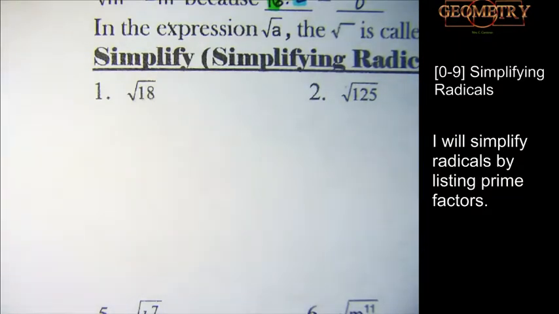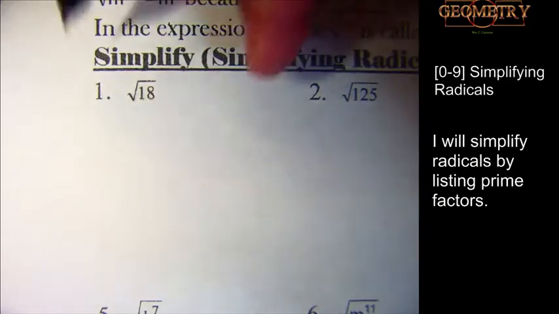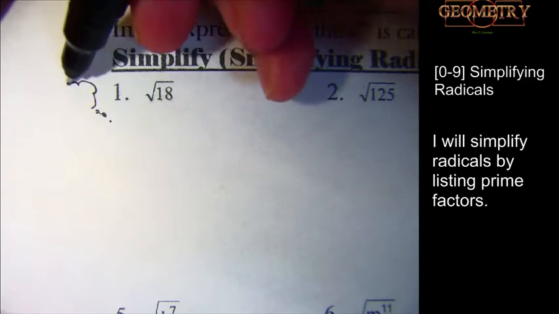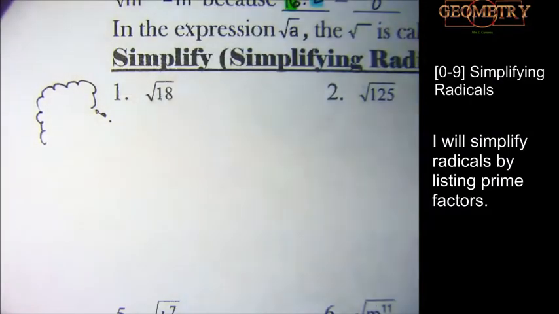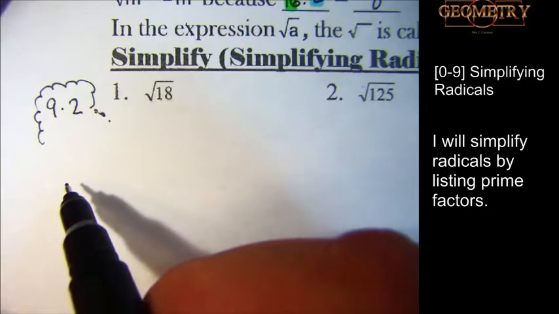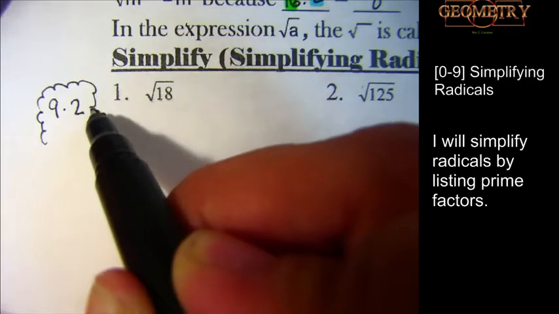So first thing you need to do is think to yourself, what are the factor pairs of 18? What 2 numbers do I multiply together to give me 18? 9 and 2. Any others?